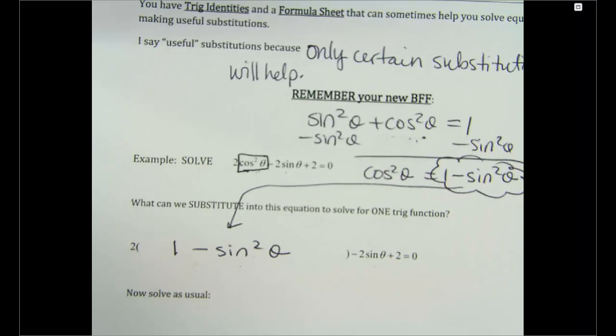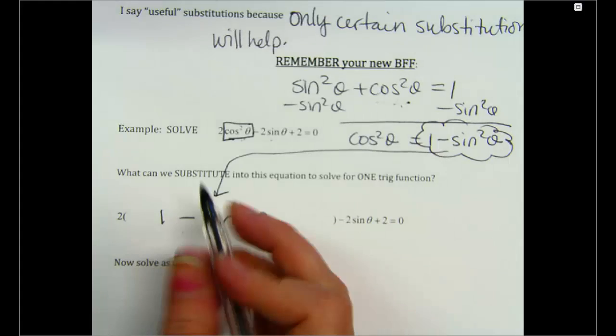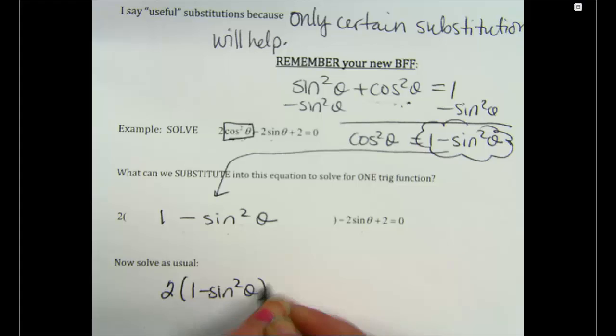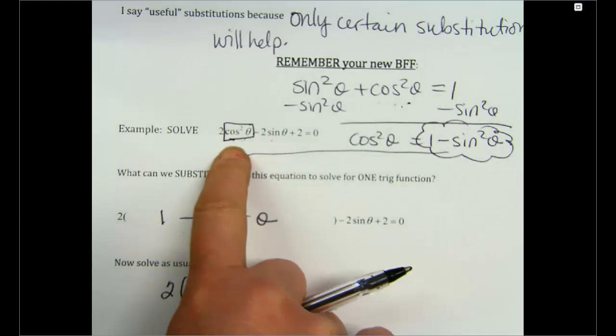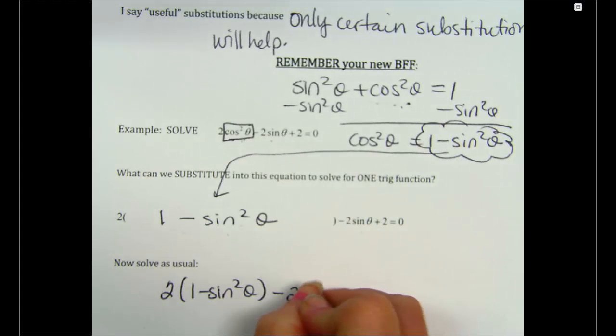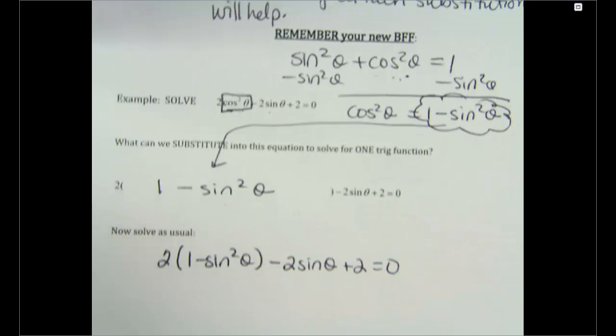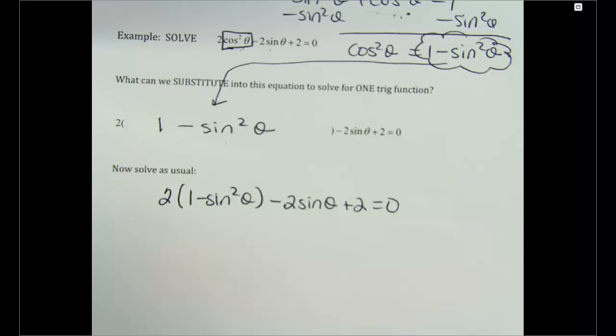So I'm going to kind of make this cleaner for us, rewrite it. 2 times 1 minus sine squared theta, which is cosine squared theta from the original problem, minus 2 sine theta plus 2 equals 0. When we solve any equation, we get rid of parentheses first.